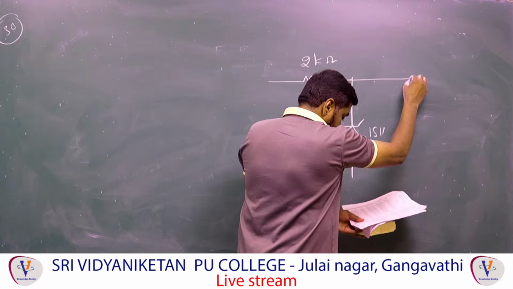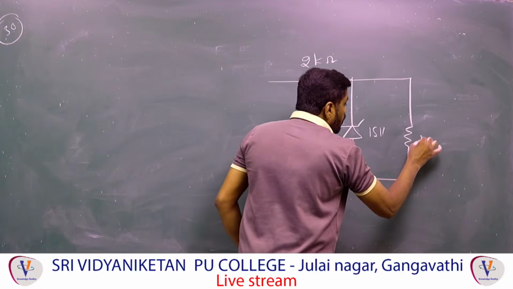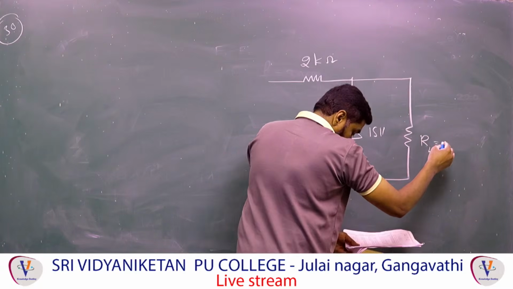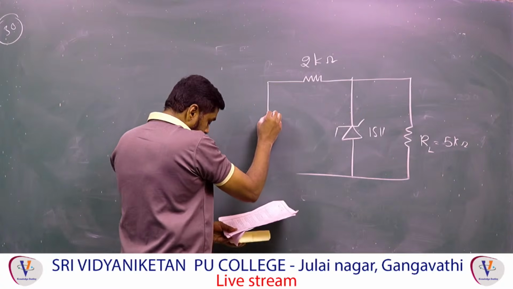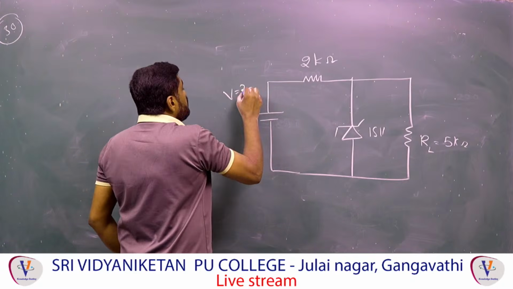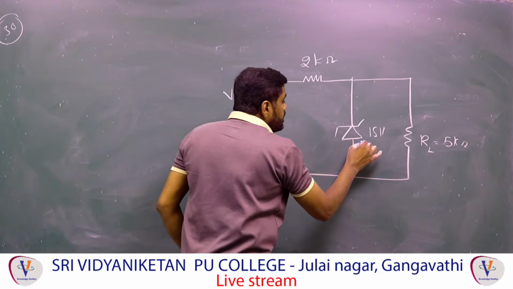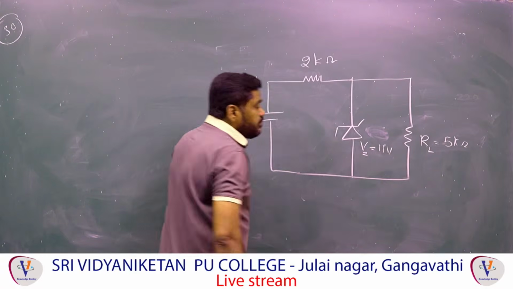Now watch, the load resistance RL is given as 5 kilo ohms, and the battery connected is 25, so V is equal to 25 volts. Across the xenon diode, Vz is equal to 15 volts.